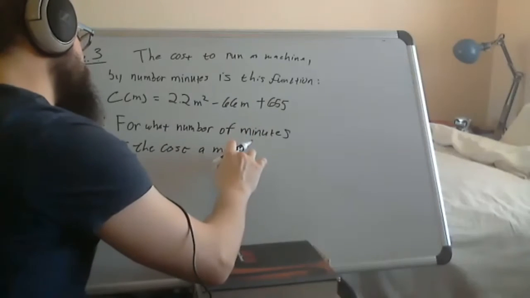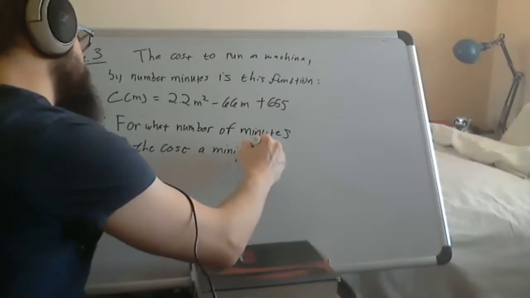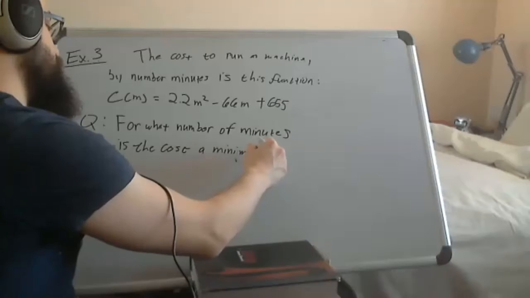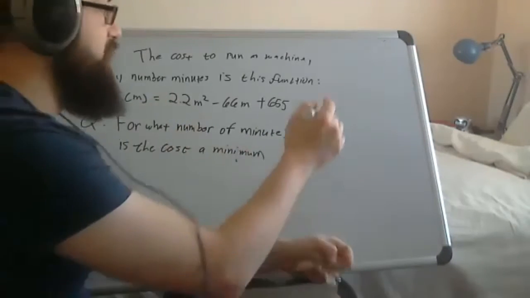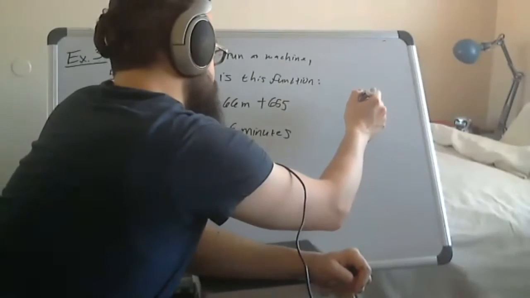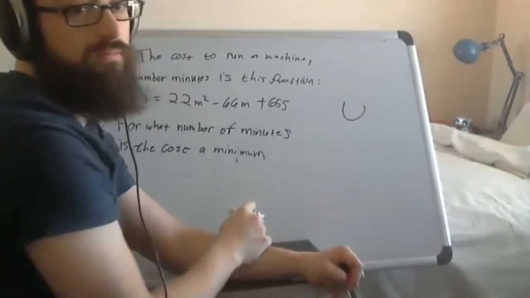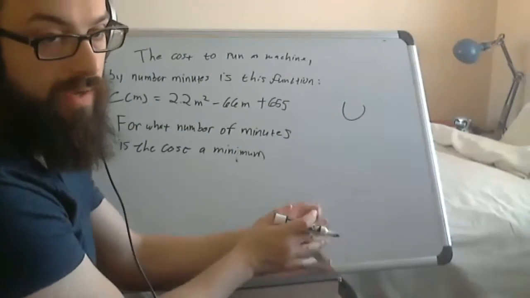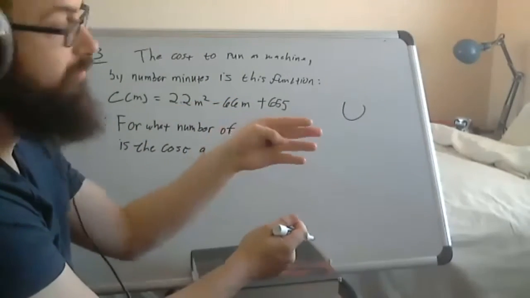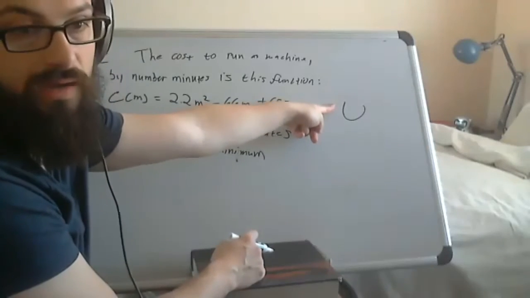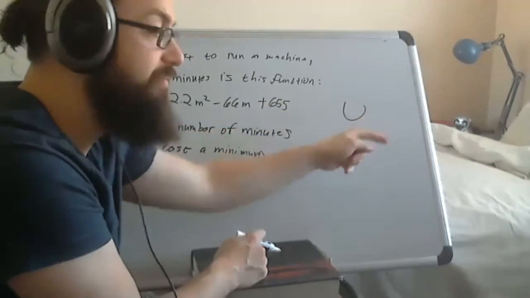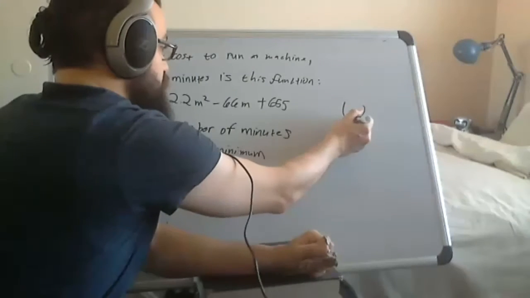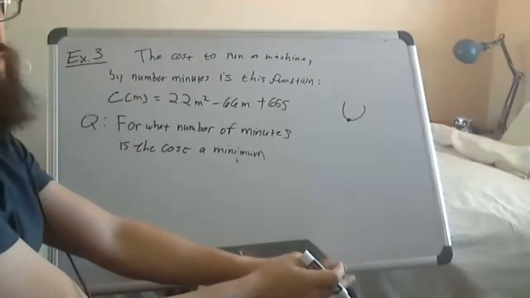Hey, look at this. Now we're actually doing minimum stuff. Notice this is an upward facing parabola, unlike our last two. So as time moves on, it starts off real high at early time, eventually gets real low, and then it gets costly again. Of course, we're looking for our vertex.